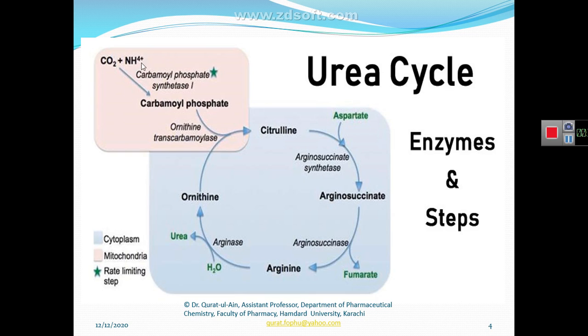So what happens then with this ammonia? Inside your liver hepatocyte cytosol, this ammonia combines with carbon dioxide and forms carbamoyl phosphate. For this reaction to take place, the enzyme carbamoyl phosphate synthetase 1 helps. As the name of this enzyme indicates, it is a synthetase.